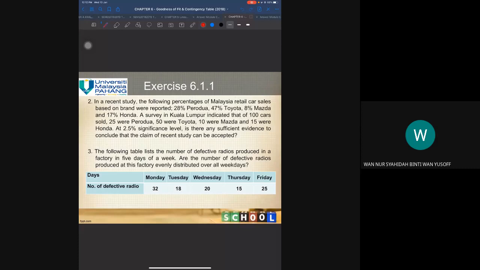As I mentioned last week, chapter 6 is about categorical, qualitative data, so the data that you have is frequency data. That's why for the contingency table, the homogeneity test is about proportions.